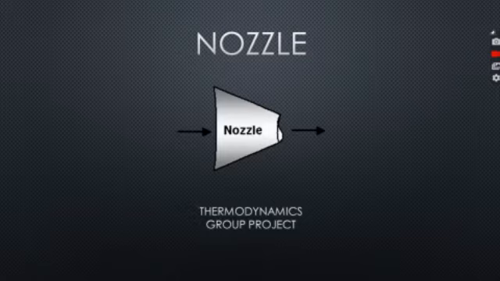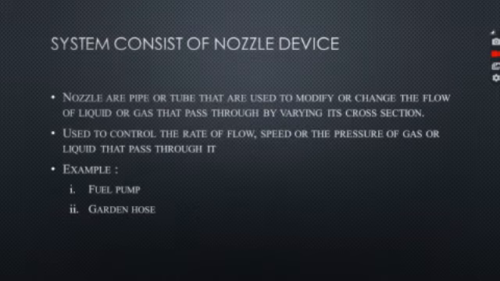So, what is nozzle? Nozzles are pipes or tubes that are used to modify or change the flow of liquid or gas that passes through by varying its cross-section. It is used to control the rate of flow, speed, or the pressure of gas or liquid that passes through it.